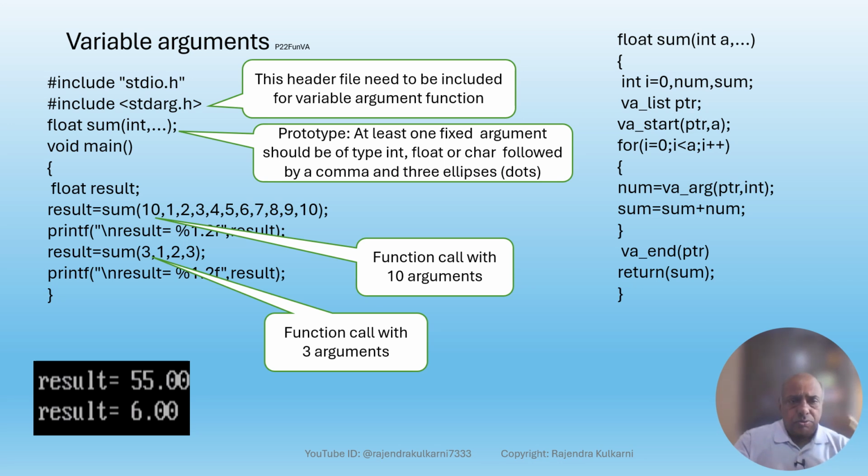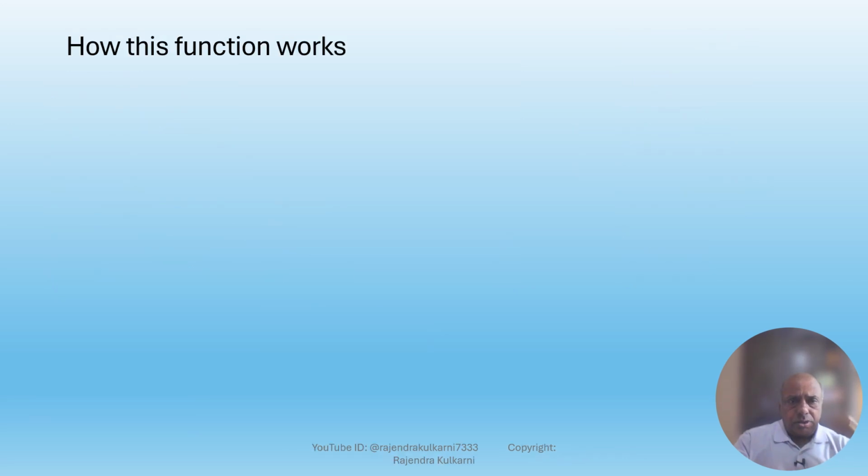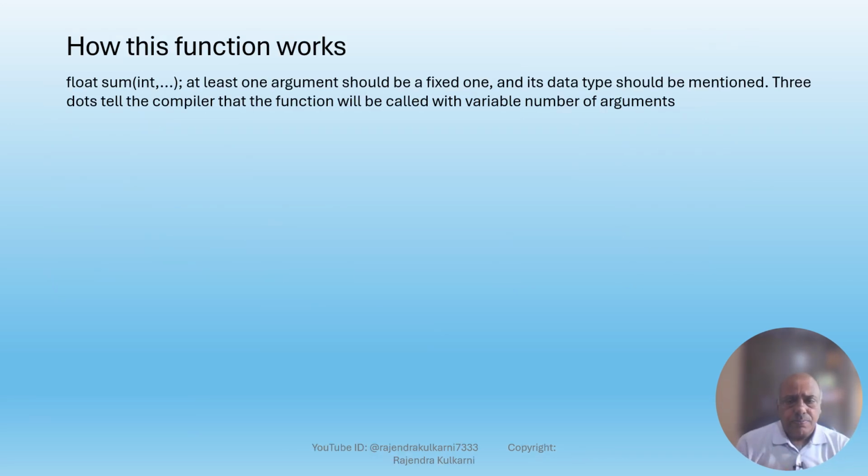Now let us see how this function works. We gave a simple explanation while we were going through the program; now a detailed explanation. This is the prototype: float sum(int, ...). At least one argument should be a fixed one.